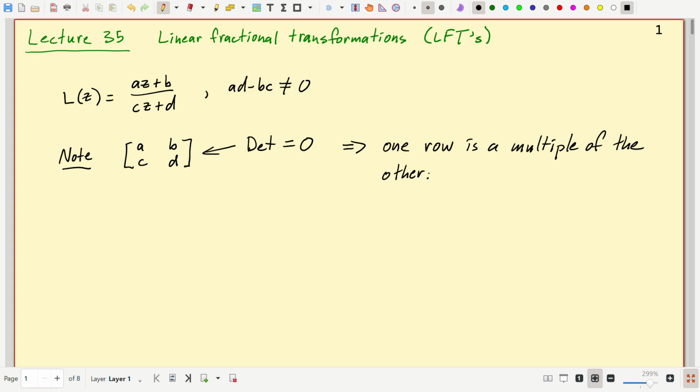Okay, the case where c and d are both equal to 0, that's a dumb case. Then the denominator would be 0, and it wouldn't make any sense, wouldn't be defined. So the case c equals 0, d equals 0, then the linear fractional transformation is not even defined.